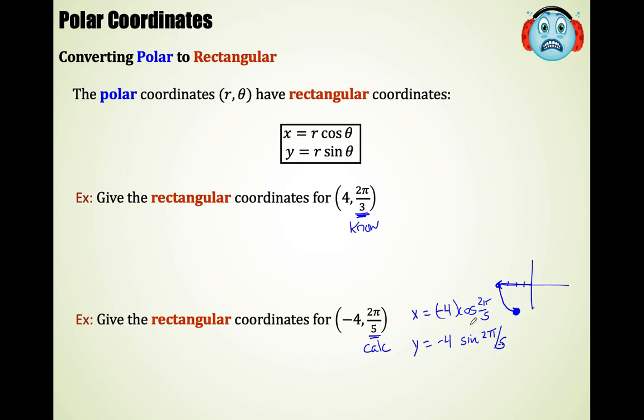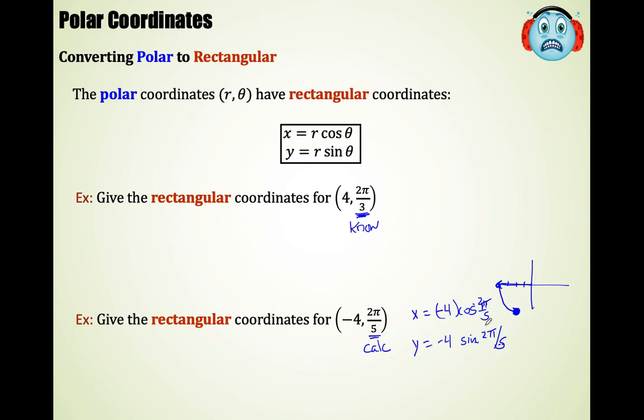So when I was done with this, I typed this into my calculator, right? 2/5 pi is actually in the first quadrant, so cosine and sine are both going to be positive, but you're going to multiply times -4, and you're going to get a negative.